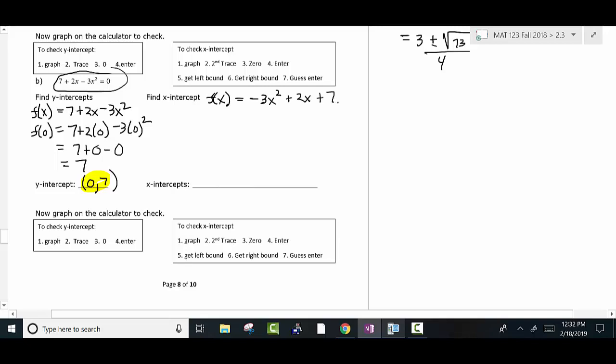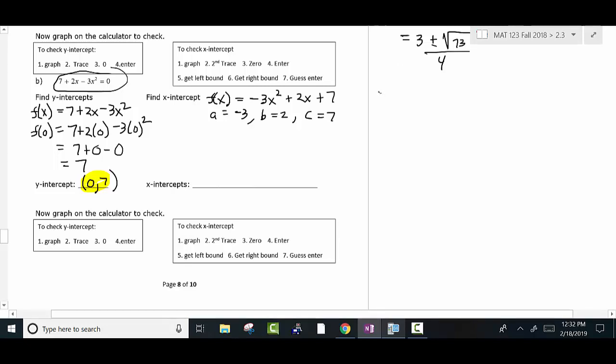All I'm doing is just turning things around, so I have ax squared plus bx plus c. Okay? All right, so in this problem, what is a? Negative 3. What's b? 2. What's c? 7. Okay, so we got that. All right, so a is the number in front of x squared, b is the number in front of x, c is just the number.